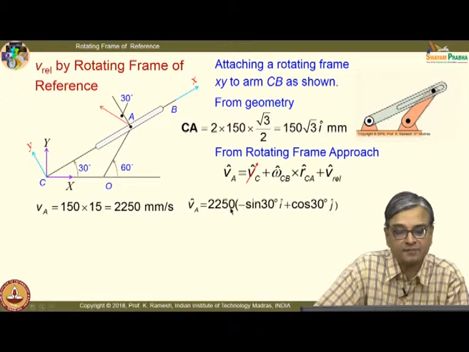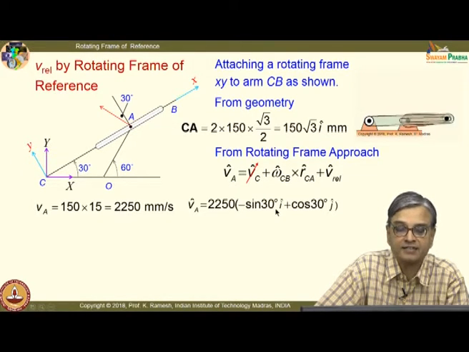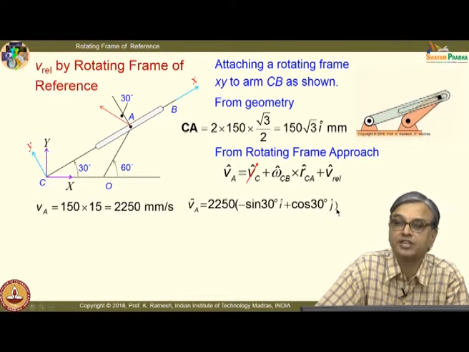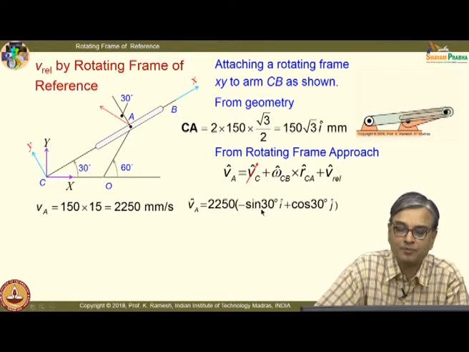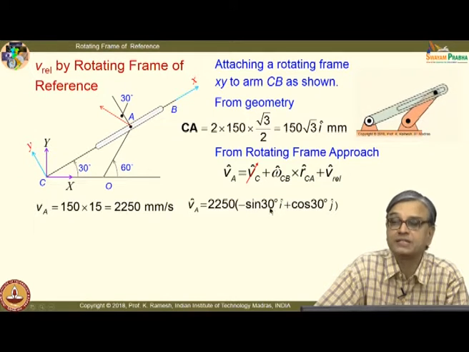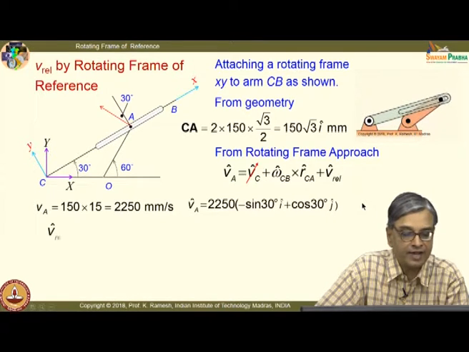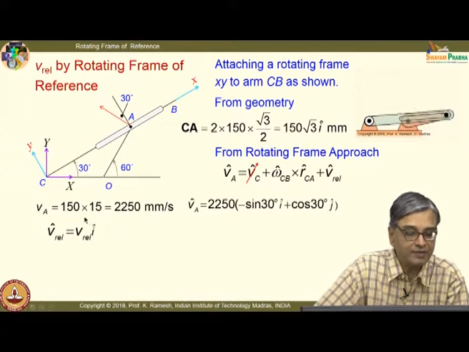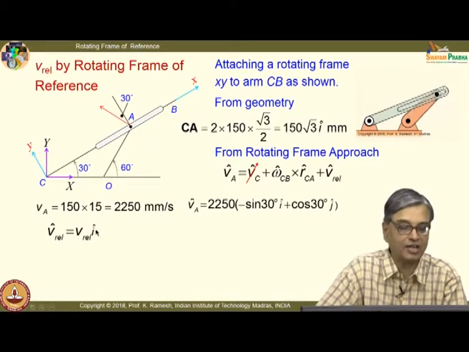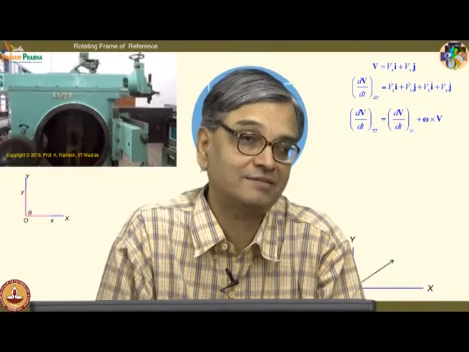So, VA is nothing but 2250 multiplied by minus sin 30 i plus cos 30 j. Please verify some of these, there could be some small typographical errors. So, this is a very important point. I thought that I should discuss and then write. What will you write as VREL?